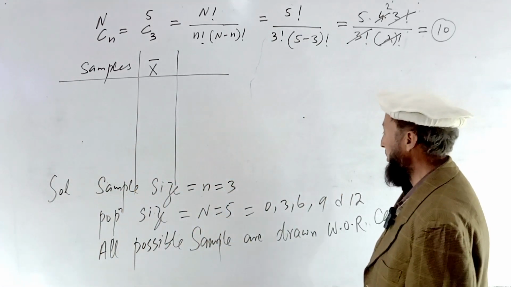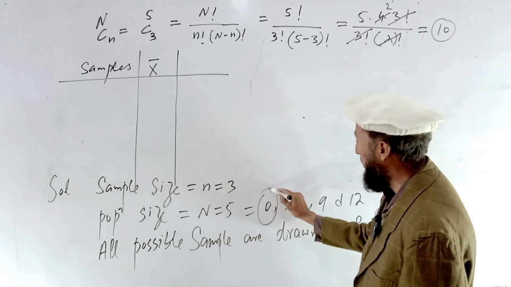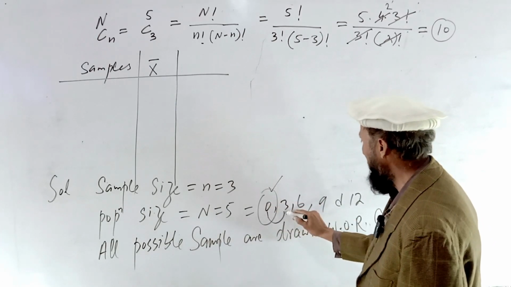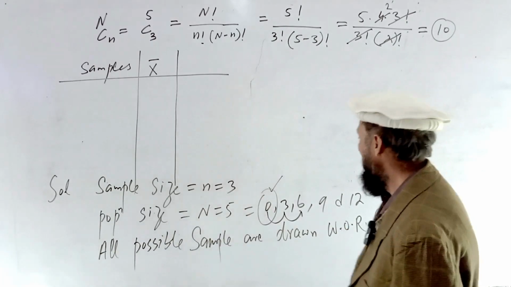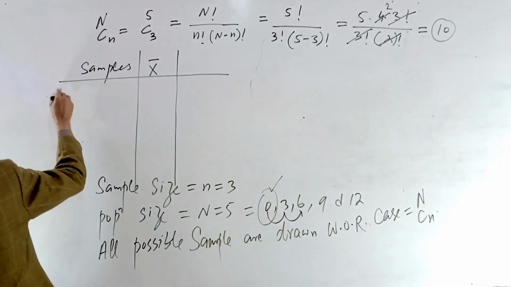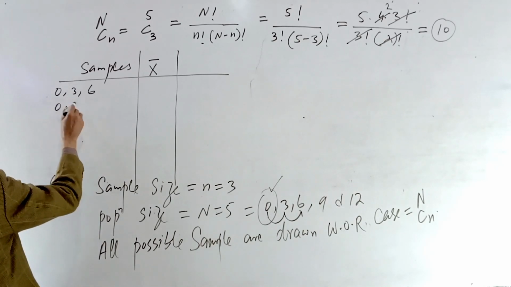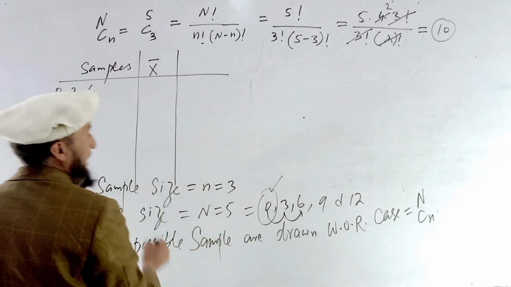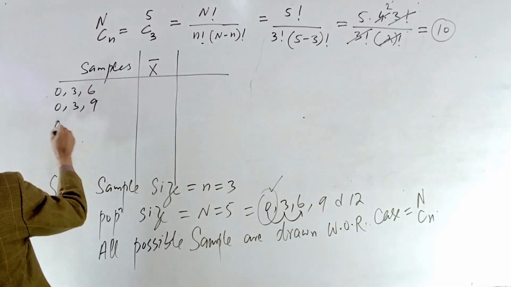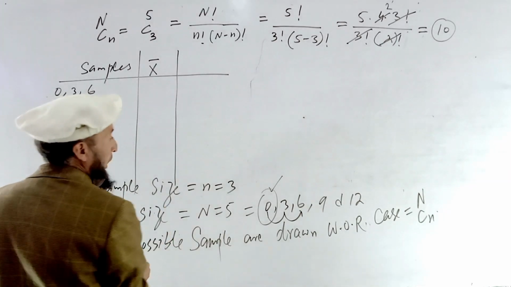The case is without replacement. We start from 0: 0, 3, 6; 0, 3, 9; 0, 3, 12.